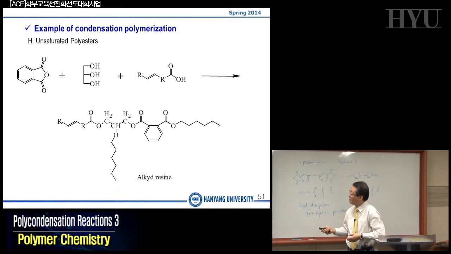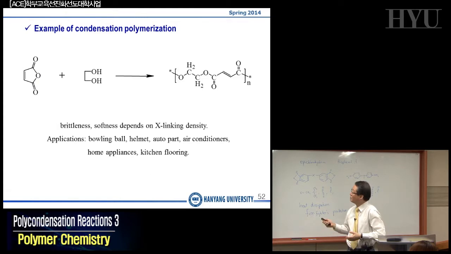because we have a network polymer, we have a cross-linked polyester, okay, containing unsaturated functional groups. This unsaturated functional group can be made by using other types of monomers as well.